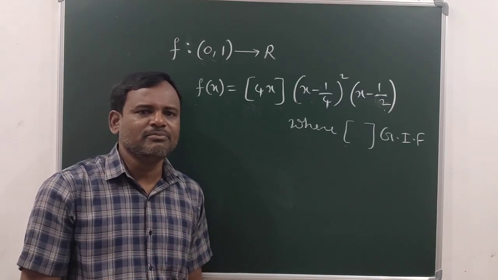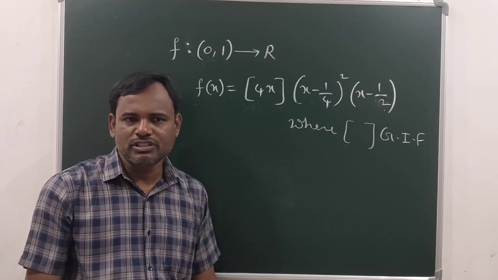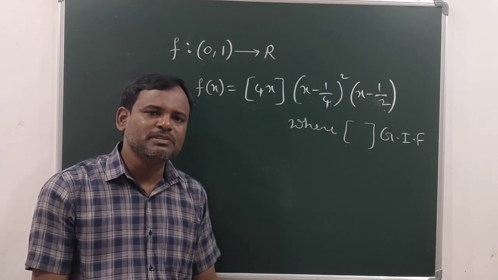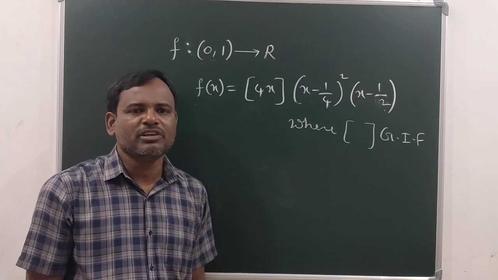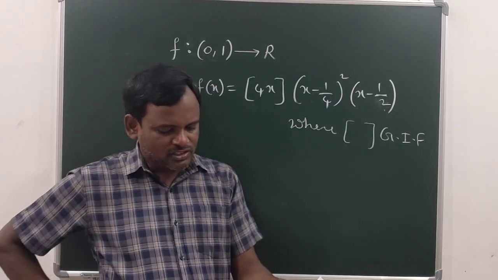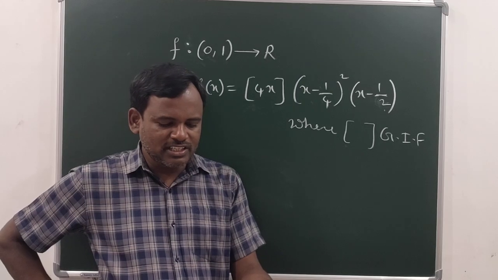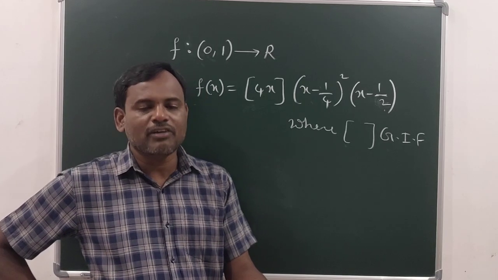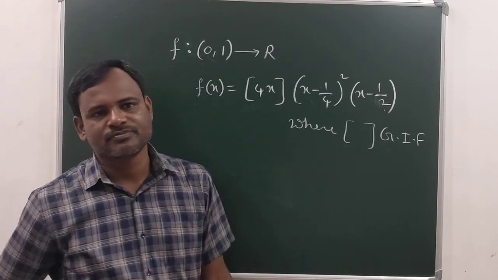Multi-correct choice questions means we may get either one option as correct or more than one option as correct. Now see the 4 options. First, the function f is discontinuous at exactly one point in this interval.